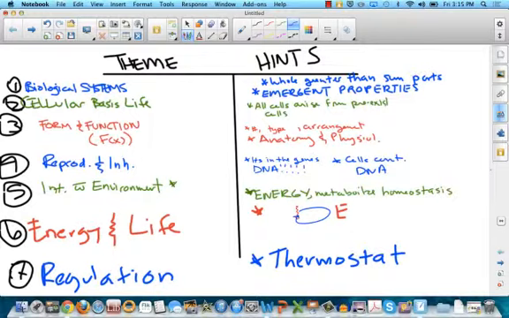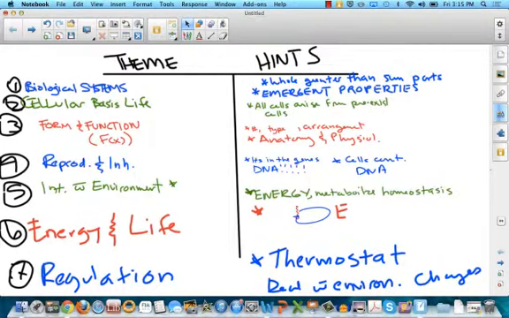And how do we maintain an internal environment? Okay, so once again, a thermostat, but how do we deal with environmental changes? Okay, that's the concept here.